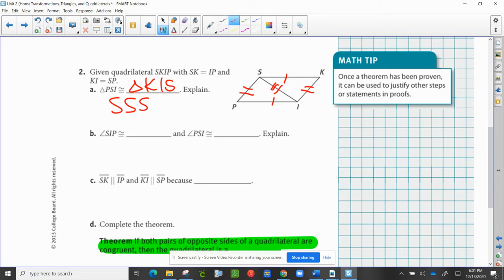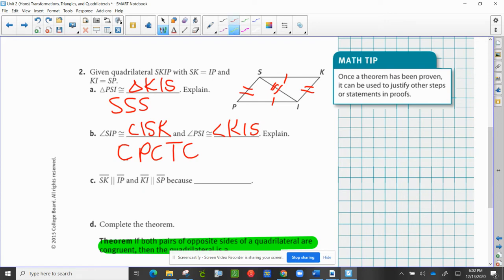Well, then that means we can imply that different angles are congruent as well. So angle SIP would be congruent to angle ISK, and angle PSI would be congruent to angle KIS. And why can we say that those angles are congruent? Well, if we proved congruent triangles, we could use CPCTC, our good friend here.